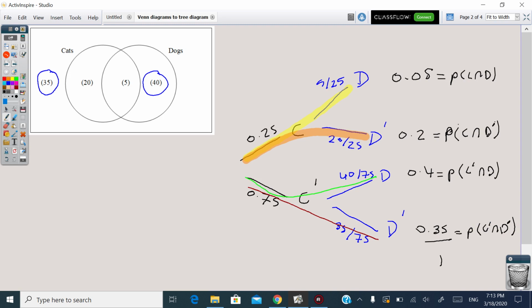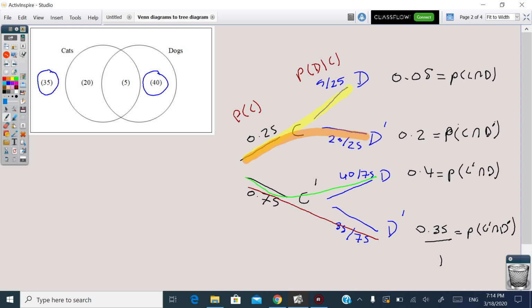Let's consider the first branch only. What is this probability, the 0.25? Obviously, it's the probability of having a cat. And what's this probability? It's the probability of having a dog given that you have a cat.